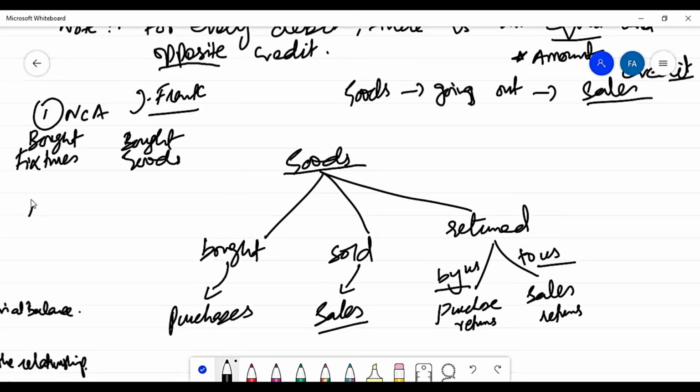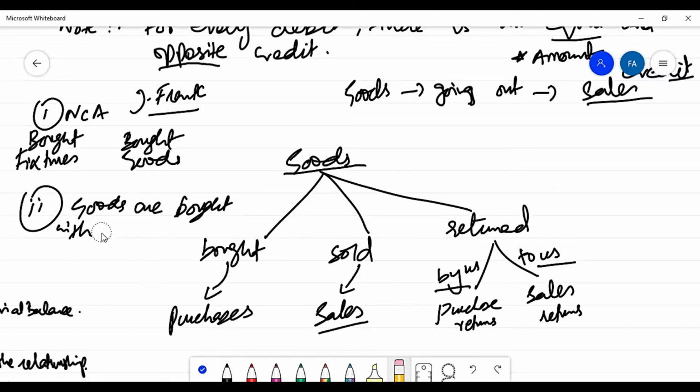Another logic I'll be giving in the class. See, the goods are bought with an intention to resale. But for fixtures, when we are buying it, do we have the intention to resale? No, it's for the business.